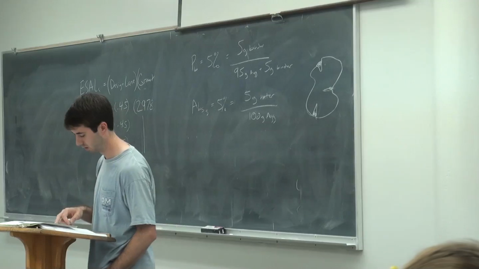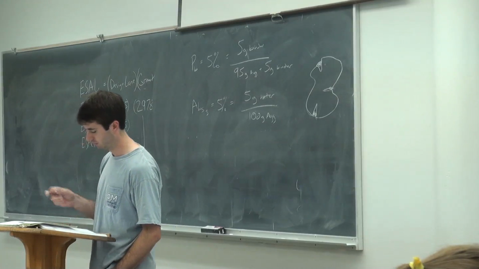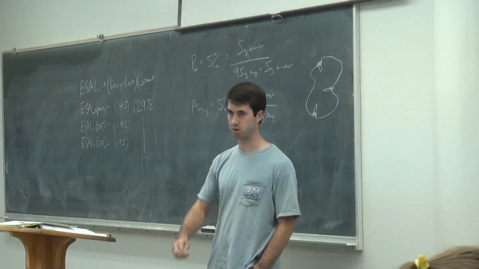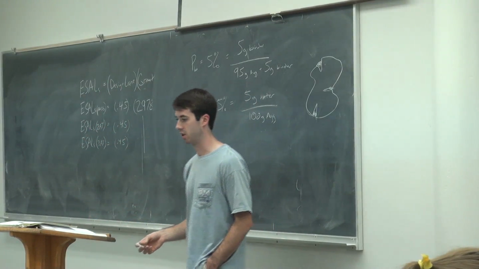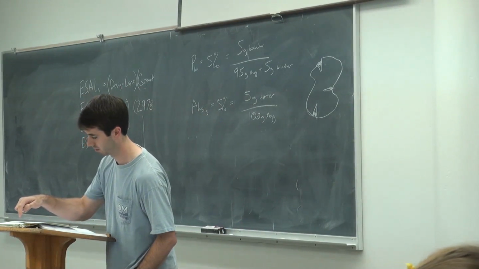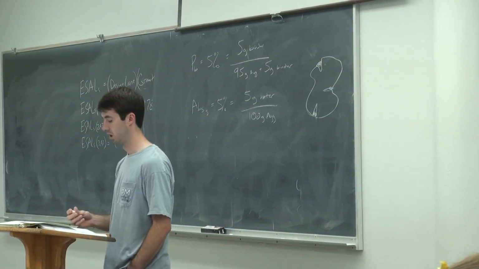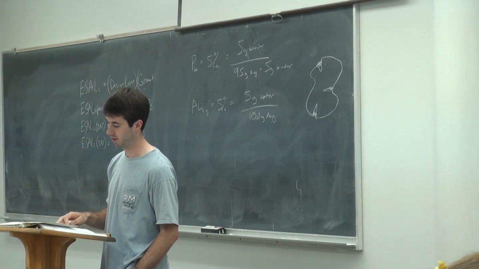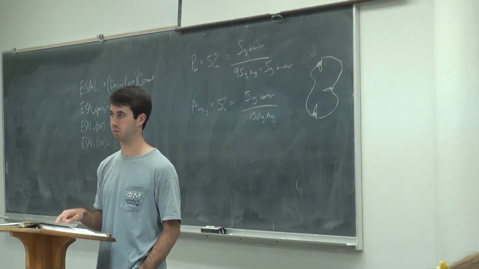All right, another tricky thing here. VMA, voids in mineral aggregate, usually around like 17%, something like that. You see on the little phase diagram, it's just the amount of anything that's not aggregate. VFA, however, is usually like 65%.